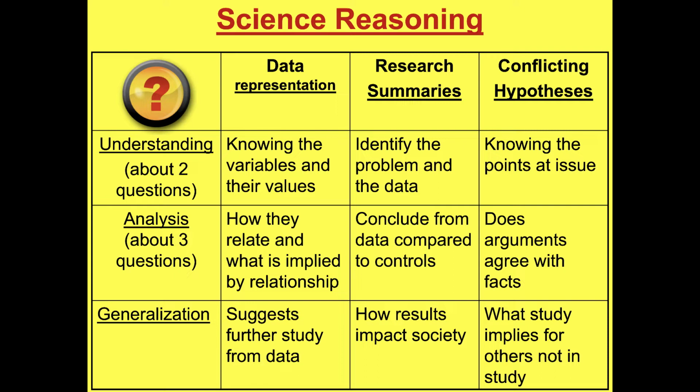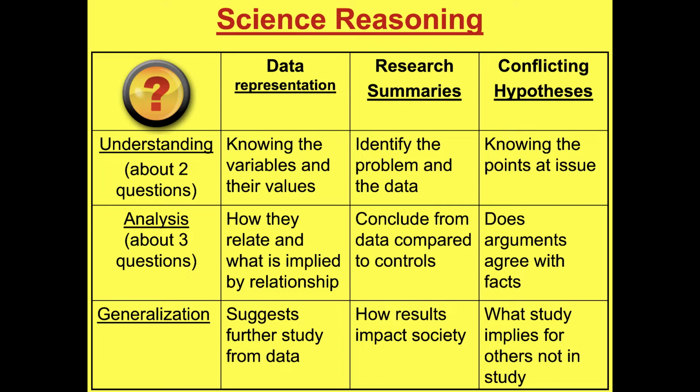Now, the scientific research study summaries are designed to sort of work in the opposite way. In other words, instead of you devising the experiment, they show you the experiment as it was done, and then you interpret or go through the results. And so it's sort of the reverse of what we did last week.